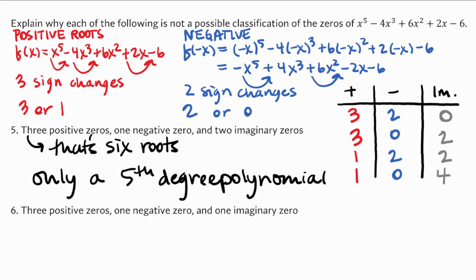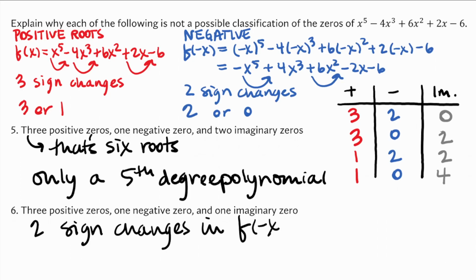Well, there were 2 sign changes in f of negative x. And that means that there were either 2 or 0 negative roots, but 1 negative root's not an option.